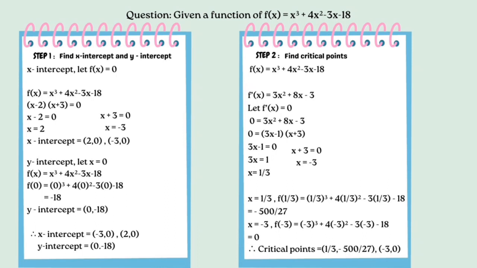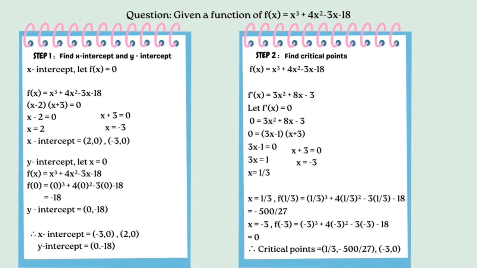So the x-intercepts are (2, 0) and (-3, 0). For the y-intercept, let x equal 0. Same as the x-intercept, substitute x with 0. Then you will get negative 18. The y-intercept is (0, -18).